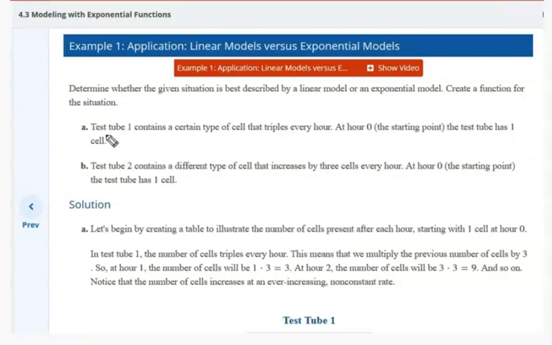So here we have A, a test tube contains a certain type of cell that triples every hour. And then B, a test tube contains a different type of cells that increases by 3 cells every hour.